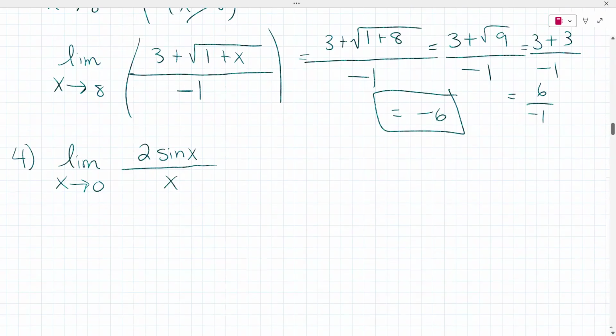Okay, example 4, we have the limit as x approaches 0 of 2 sine of x over x. First step I would do is just try plugging it in.